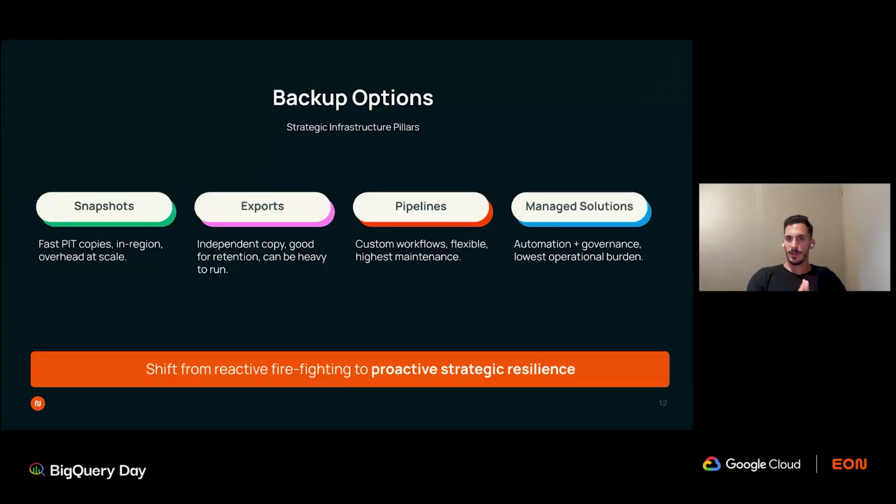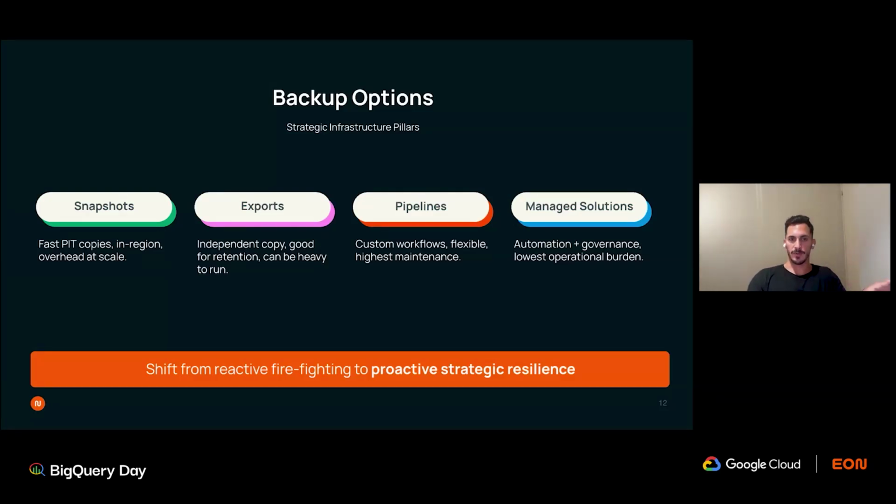If someone deletes a table and you catch it quickly, a snapshot can save you very fast, but snapshots still live in region. So if you're thinking about regional failure, disaster recovery, or true isolation, snapshots alone are not enough. And operationally, they also tend to drift, because some of them are manual, some datasets get covered and some don't. And over time, coverage gaps become very common while using snapshots.